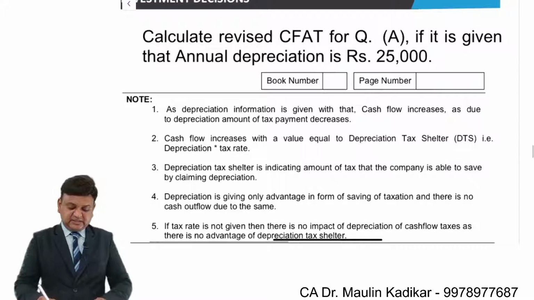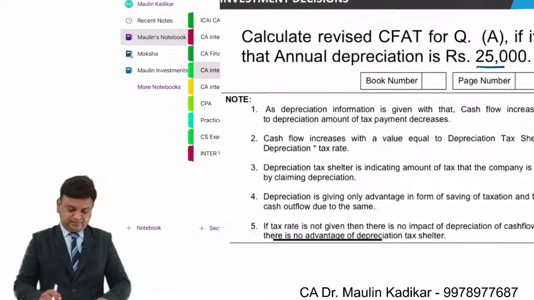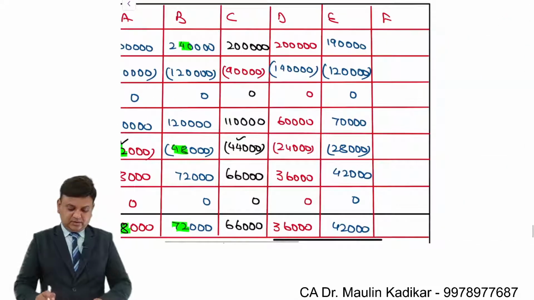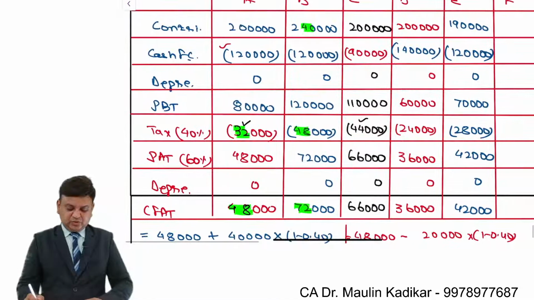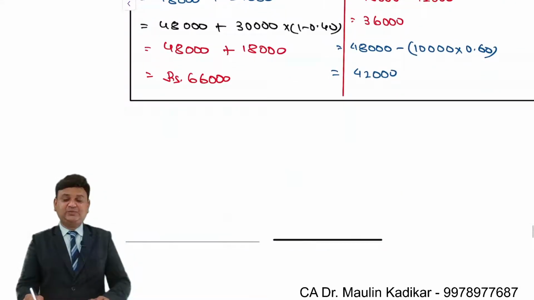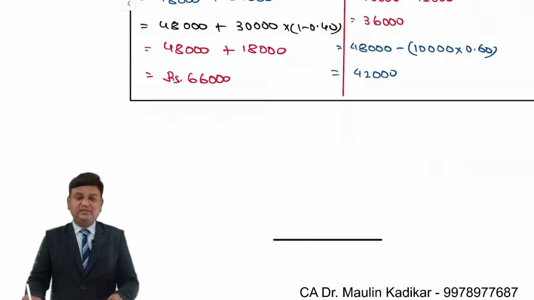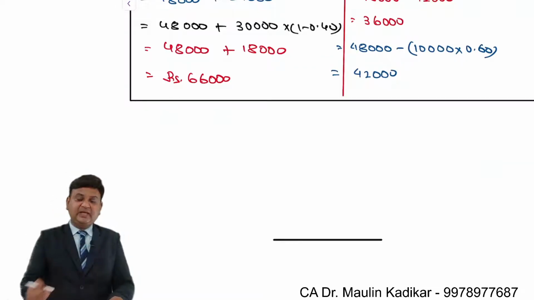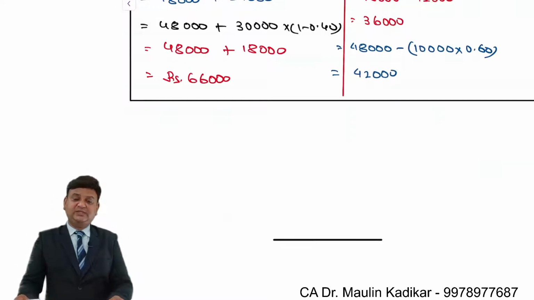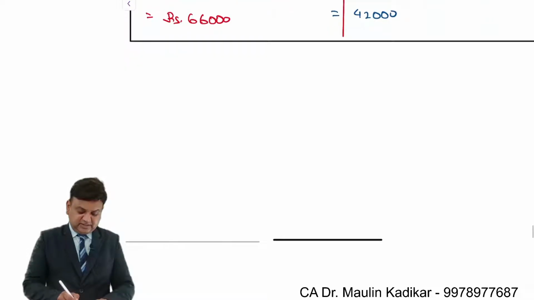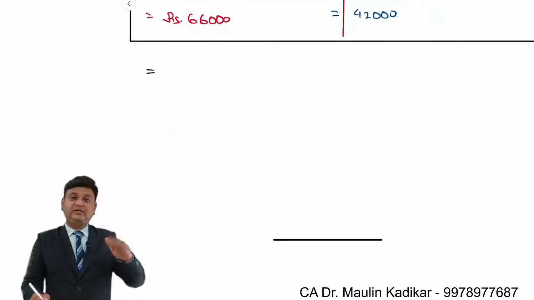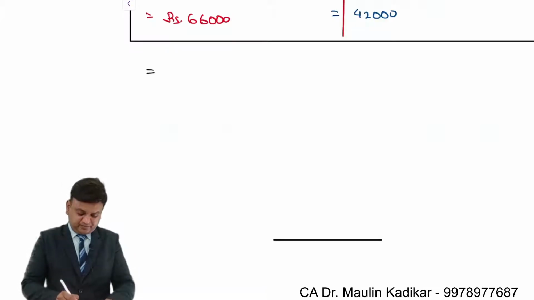It says that there is a depreciation of 25,000. Now, dear students, importantly, depreciation is an expense, but it has a feature that it is a non-cash expense. So there is no cash outflow, yet as it is an expense, it is able to fetch depreciation tax saving advantage. So instead of a reduction in the cash flow, there will be an increase in the cash flow.